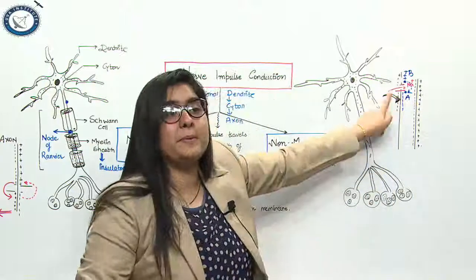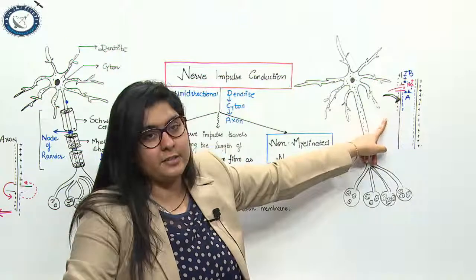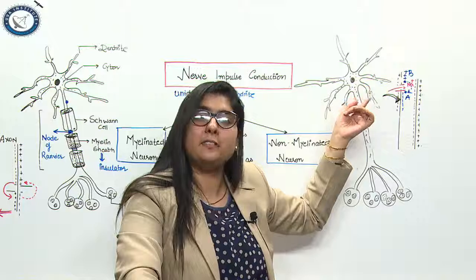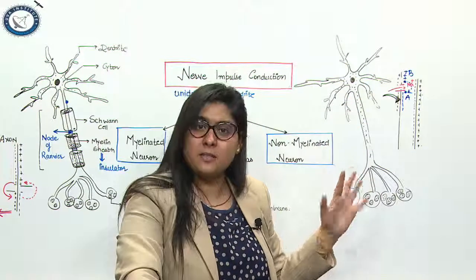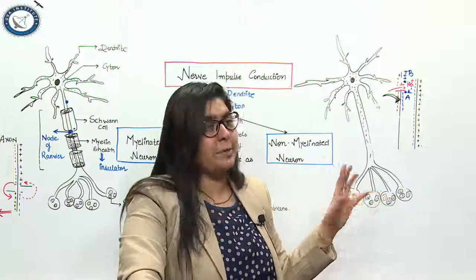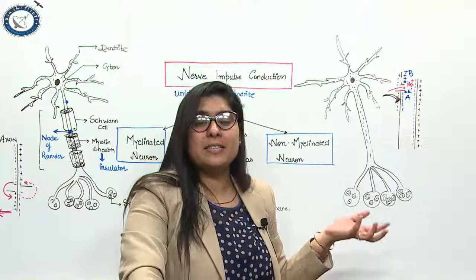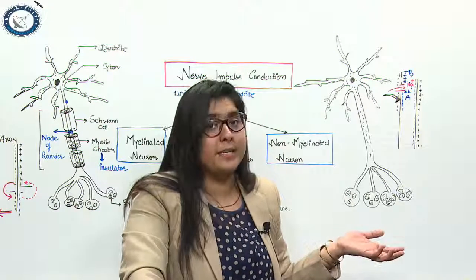If I compare it with the outside, now inside is also negative, outside is also negative. At point B, inside is also positive, outside is also positive. So there is going to be a balance of the potential on either side, and if there becomes an equilibrium, the resting membrane is going to become depolarized, which is not the property.